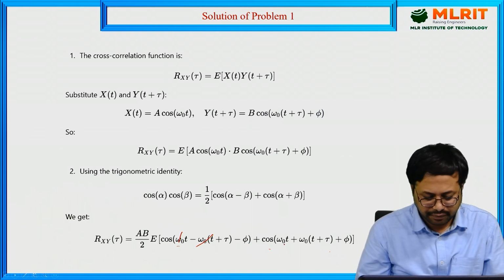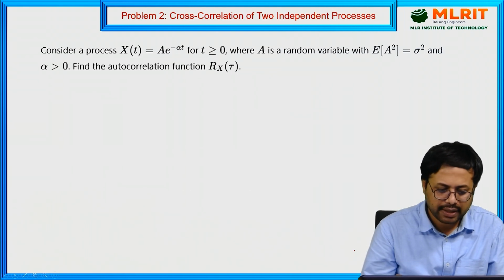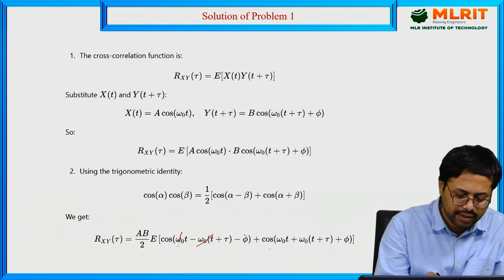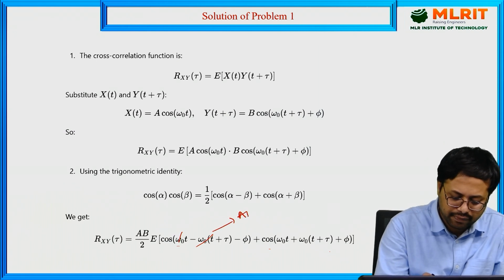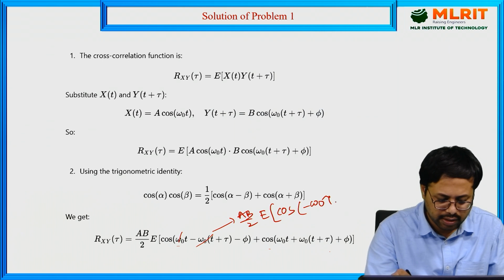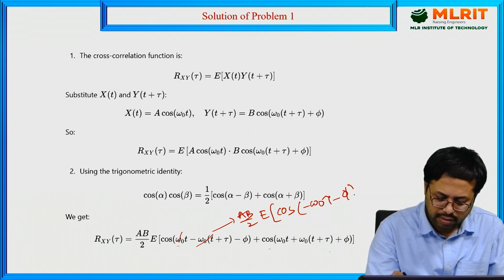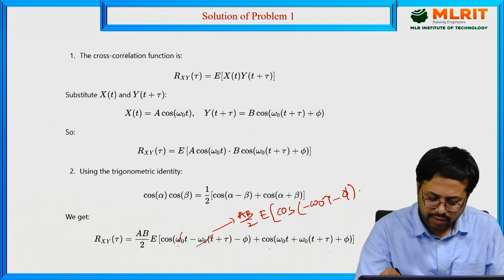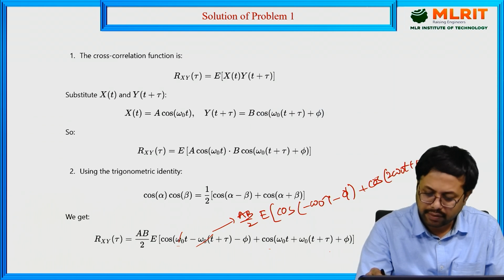Now for the remaining term, you are going to get AB by 2 expectation of cos of omega naught tau minus phi. Next, you are going to get cos of 2 omega naught t plus omega naught tau plus phi.